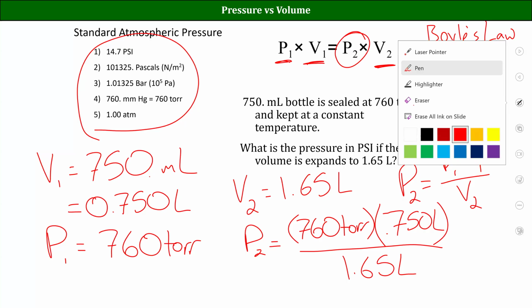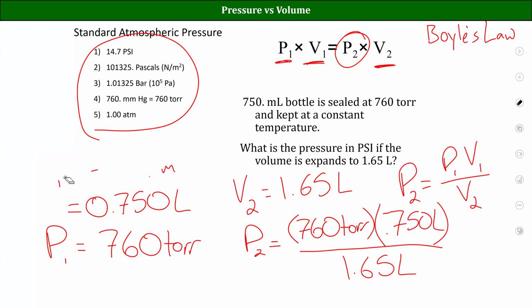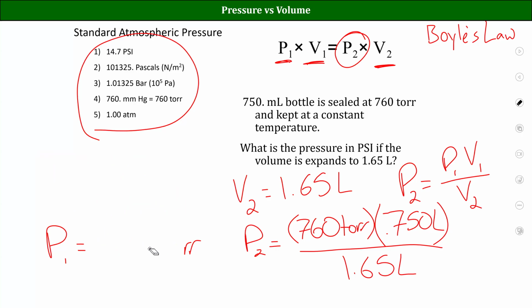What's going to happen to our units? We're in torr. We've got liters there and liters here. Liters is going to cancel out, right? So our final pressure should just be in torr.